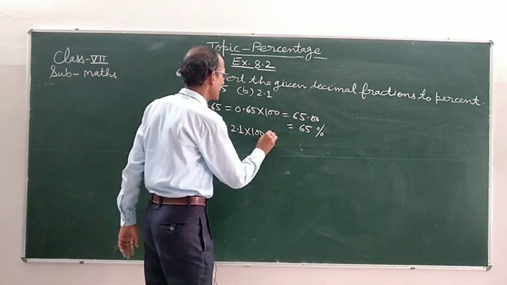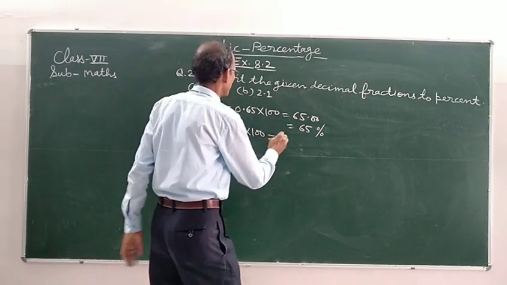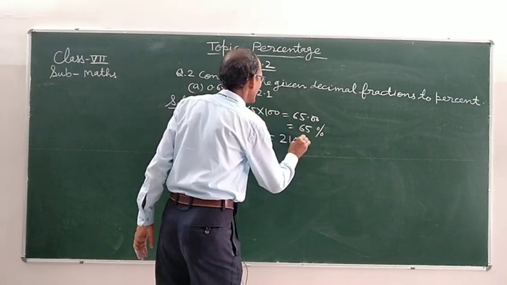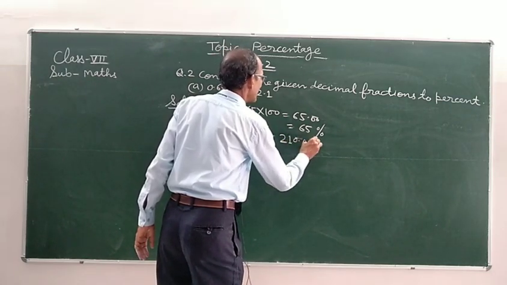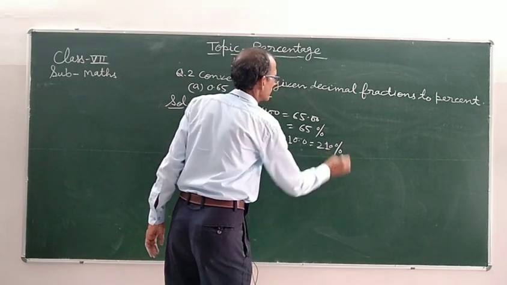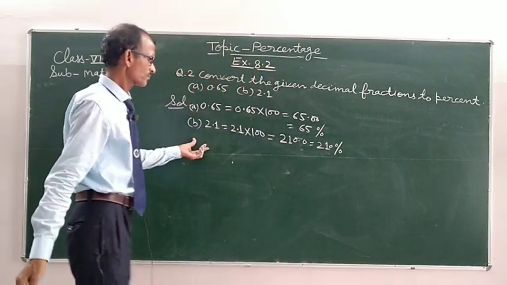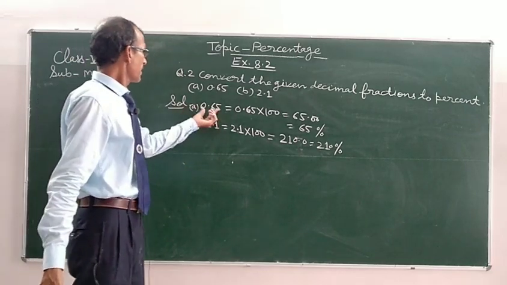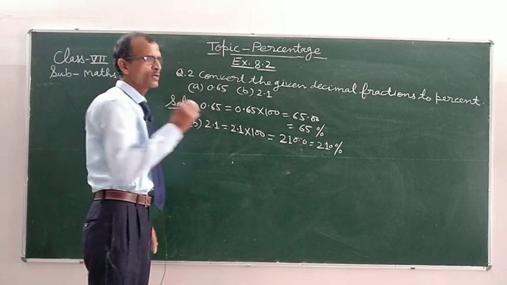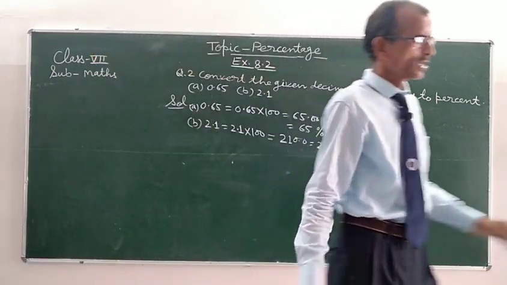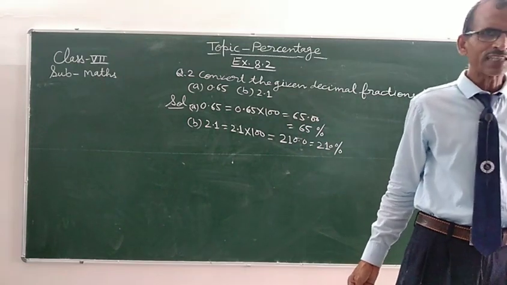Multiplying 2.1 by 100, we will get 210.0, that is equal to 210%. Okay? This way we can convert the given decimal number into percent. You will solve the remaining part yourself. Okay?